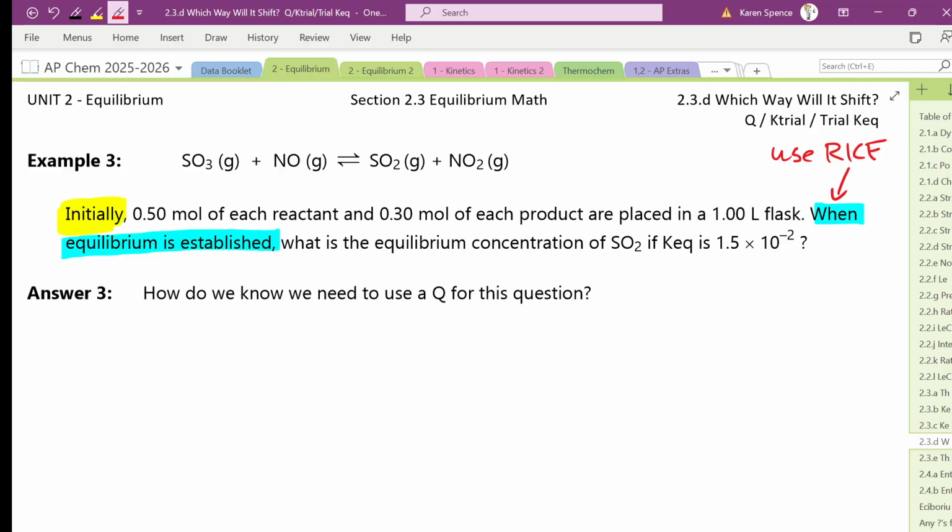How do we know that we're going to need to use a Q for this question? We have initial amounts of all things, both reactants and products.